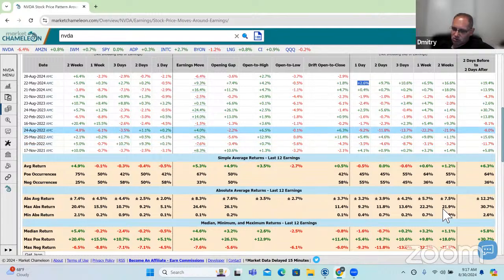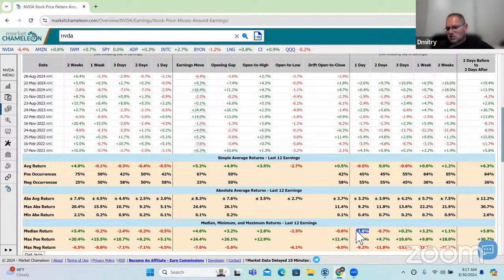And this is showing a negative 1.6%, which makes sense because 55% of the observations were lower. So historically there's a slightly more bearish bias, but again, it's not a lot of observations. It might not even be that statistically significant, but that's just the bias so far from this data.